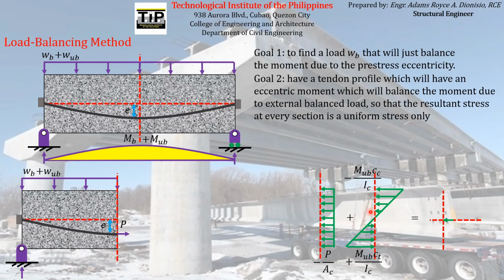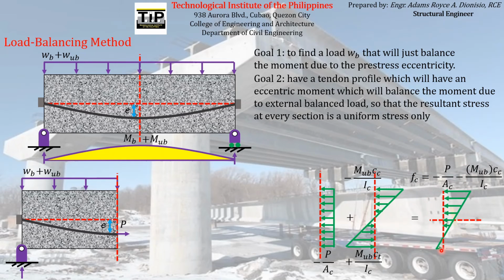We will add these stresses, with an extreme fiber magnitude of stress equal to the sum of the stress here, which is negative P over AC, and the stress acting here on the top fiber, which is equal to this.